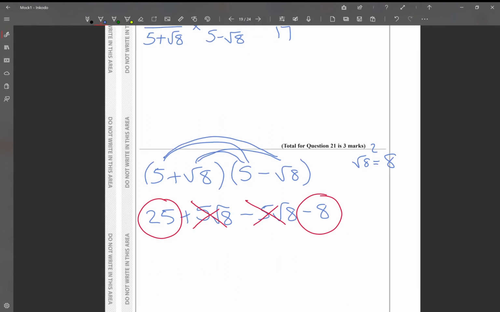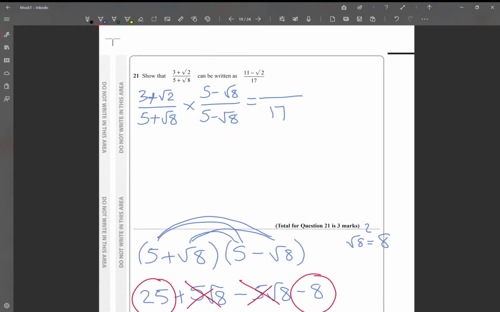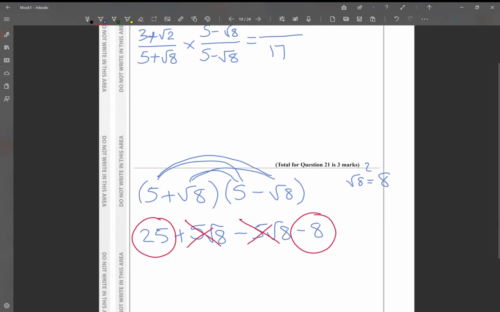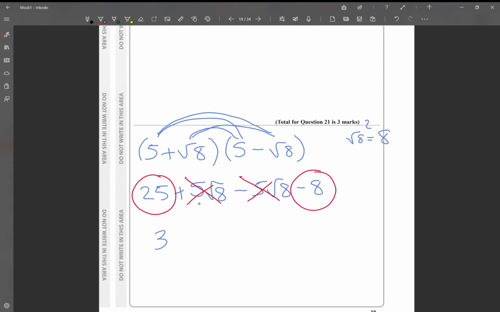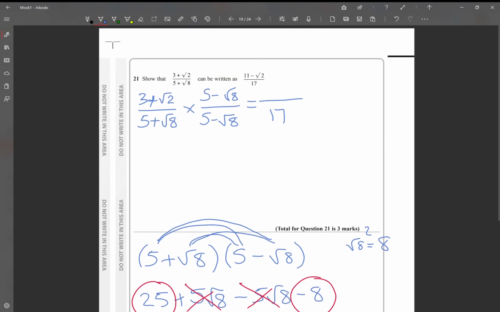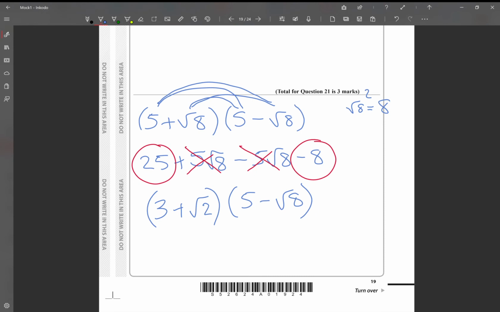Again, you can come down here and do the working down here for this one. I'm going to do that actually. 3 plus root 2. We're timesing it by 5 minus root 8. Just double check that. Yeah. Okay, so 3 times 5 is 15. 3 times minus root 8 is minus 3 root 8.